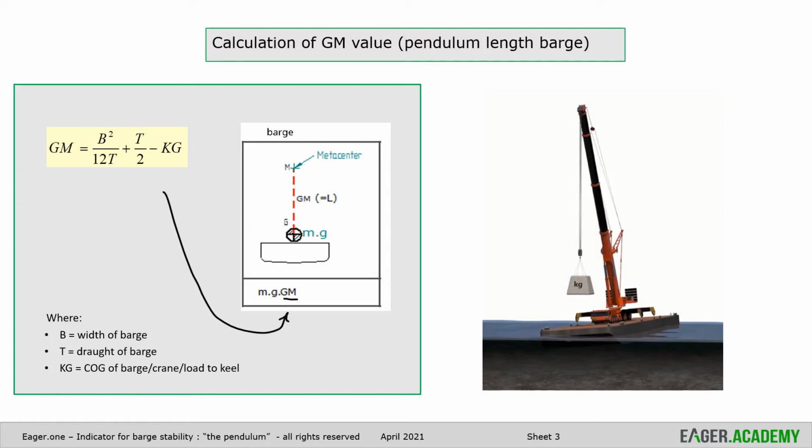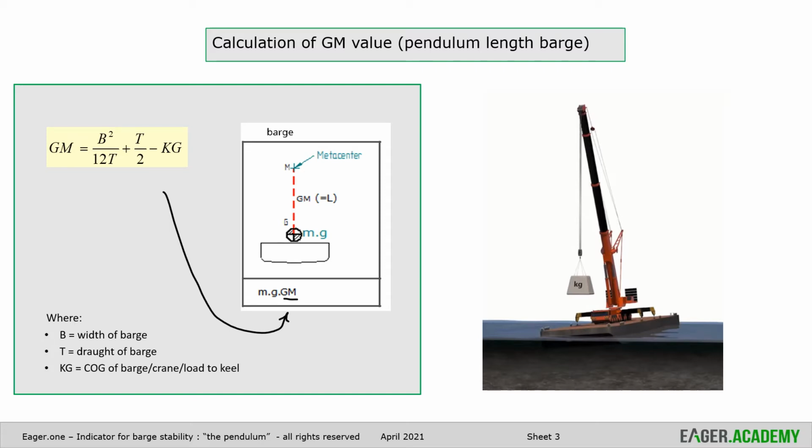This formula we will explain in another short movie. However, for this short introduction movie, we keep it as such, just to give you an indication, nothing more, nothing less. However, just to give you an interpretation of what the width of the barge and the center of gravity do to the stability, a short video.